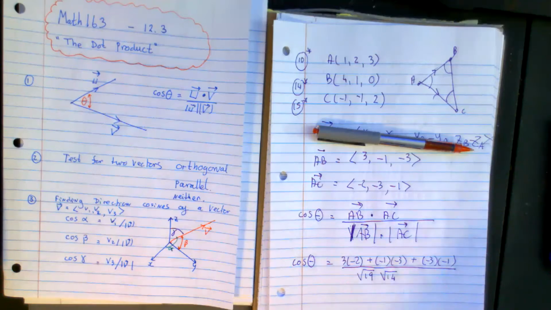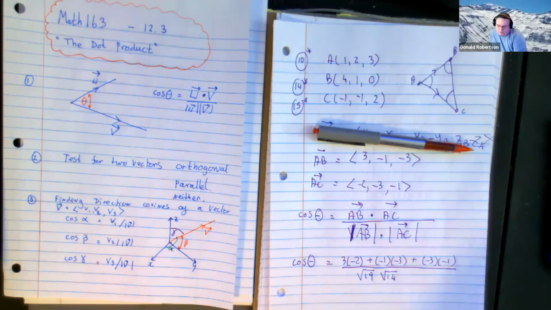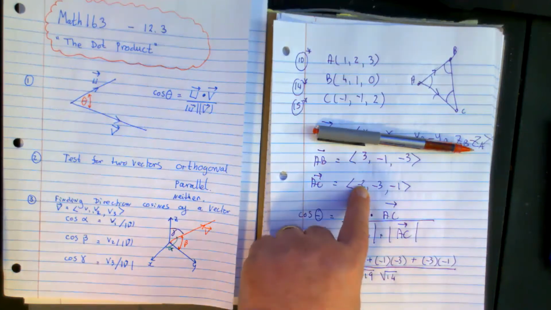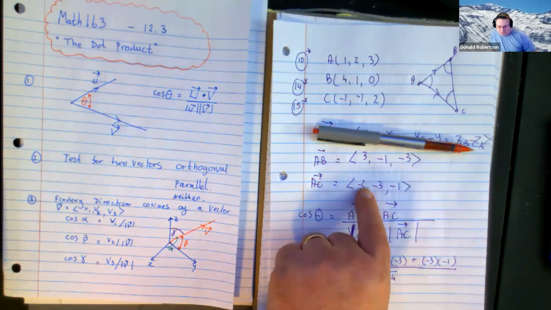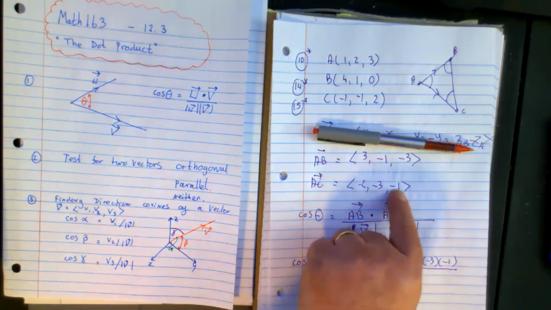It should be square root of 19 times square root of 17 because you're missing another 4. I am. Darn it. Where? On the magnitude of AC. Okay, let's check it. 4, 9, and 1. Oh, I forgot.